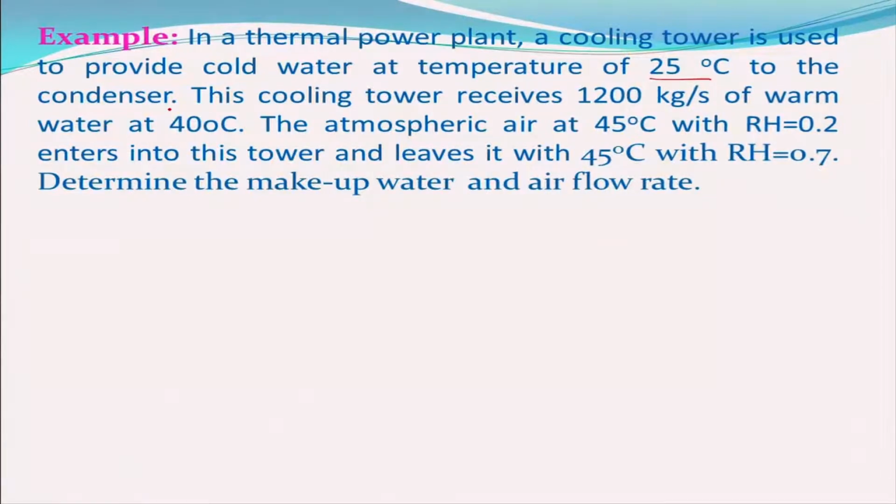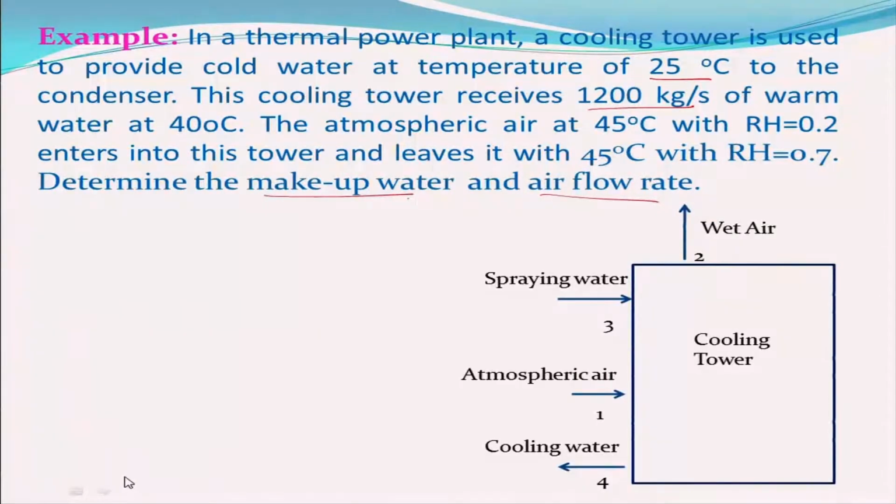This cooling tower receives 1200 kg per second of warm water at 40 degrees Celsius, and the atmospheric air at 45 degrees Celsius with a relative humidity of 0.2 enters the tower and leaves at 45 degrees Celsius with a relative humidity of 0.7. We need to find the makeup water and the air flow rate.